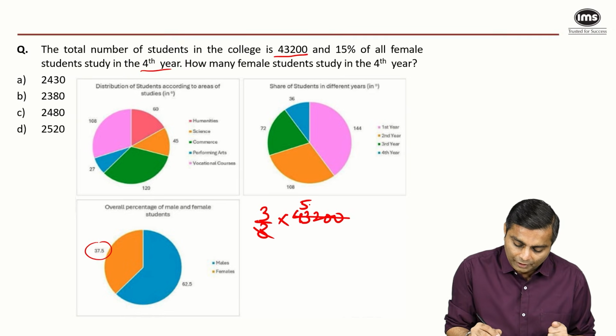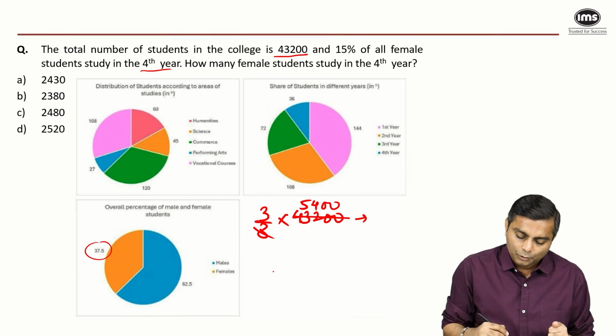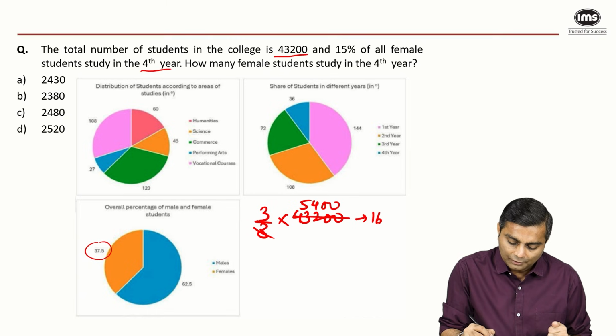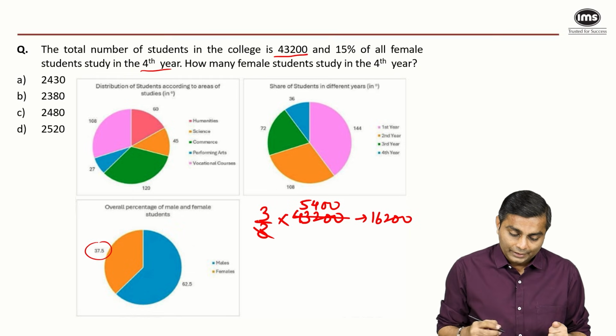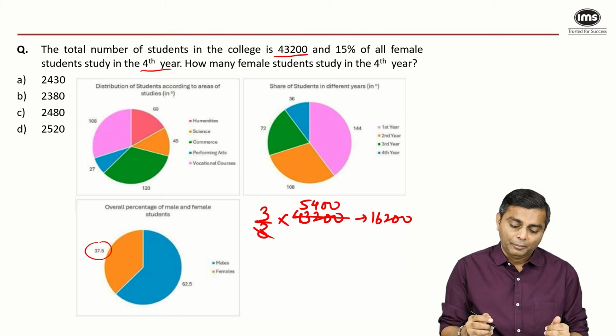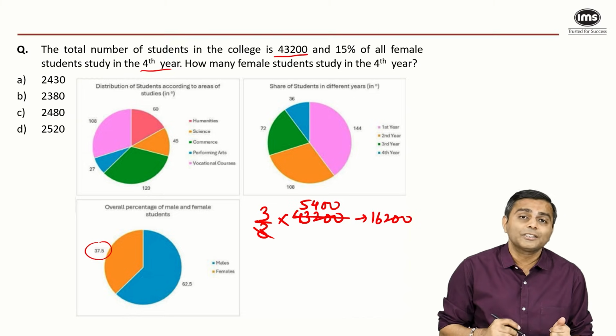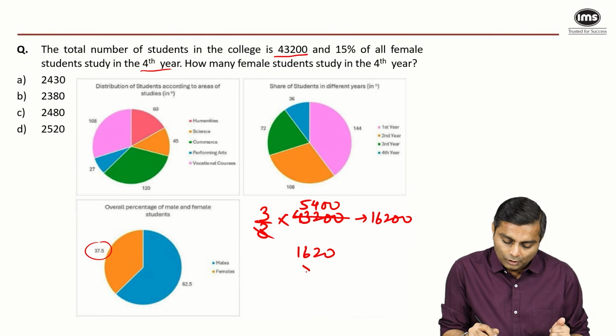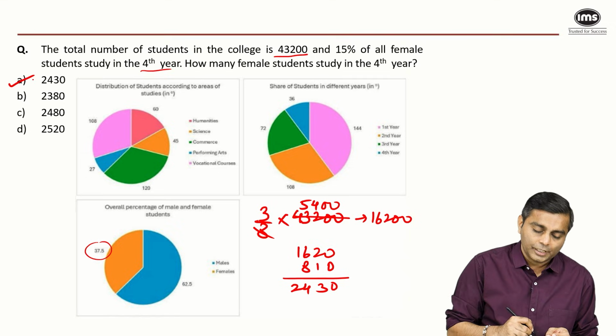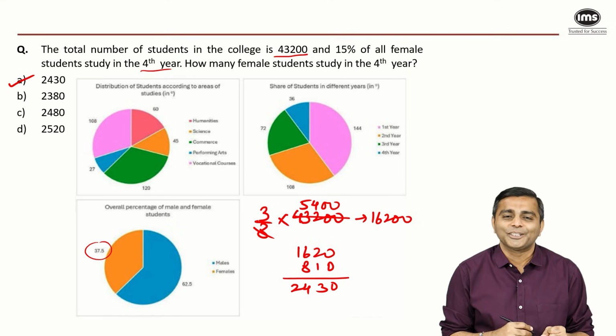So this is 5,400. 3 into 5,400 is 16,200. Correct? Yes, so this is the total number of females. They have said 15% of all females study in the 4th year. So 15% of this: 10% is 1620, 5% is 810, half of that. So 2430, we're going to say option A as our answer here.